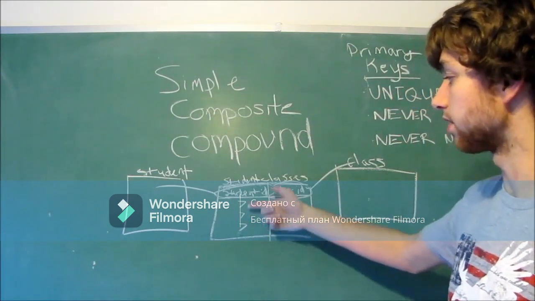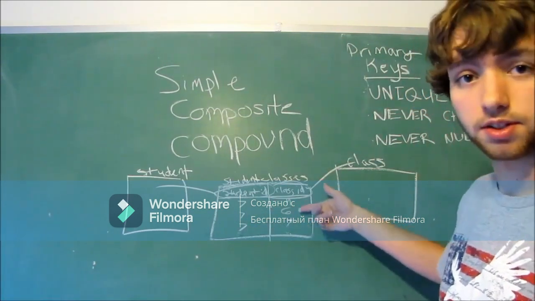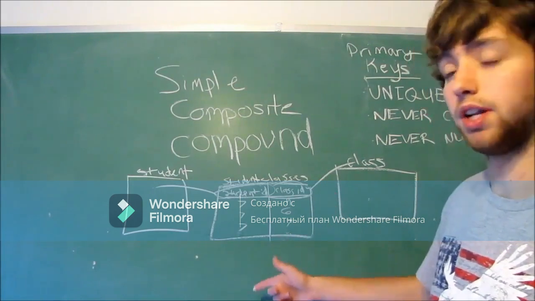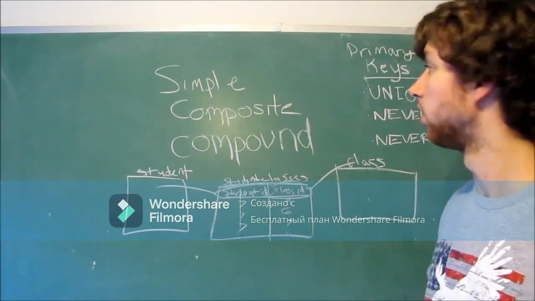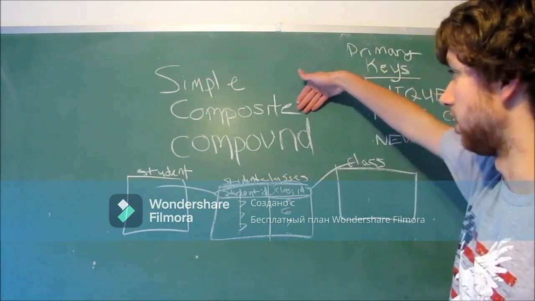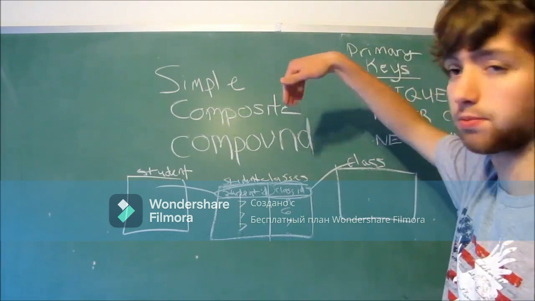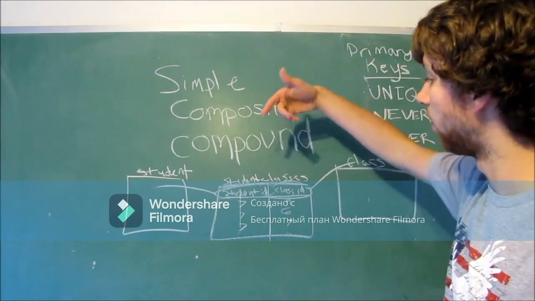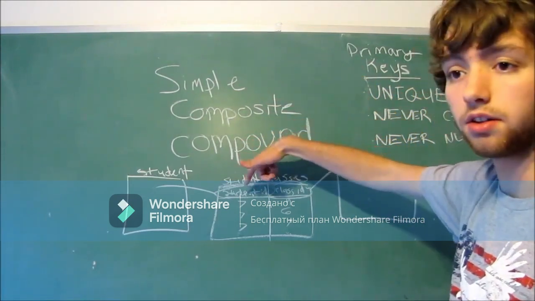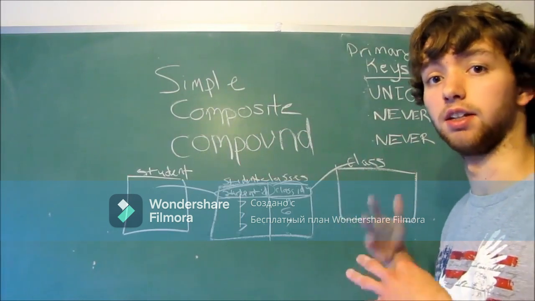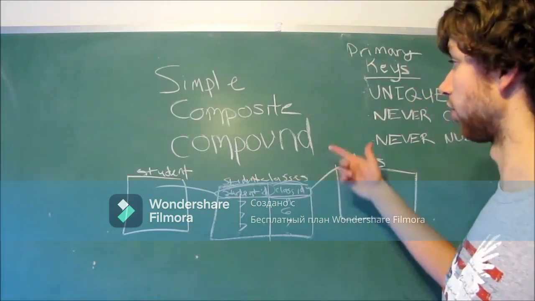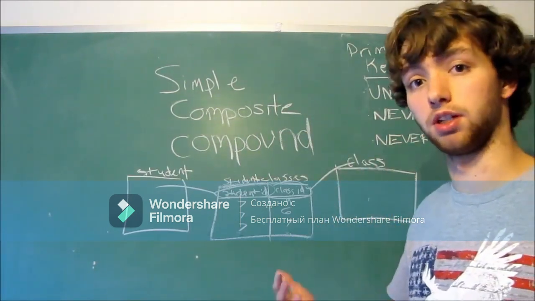We can repeat 7 on this side, and we can repeat 6 on this side, but we can't repeat the combination of 7 and 6. They have to be unique as a whole. So composite keys, that's when at least one is not a key in itself. For compound, they all have to be keys.